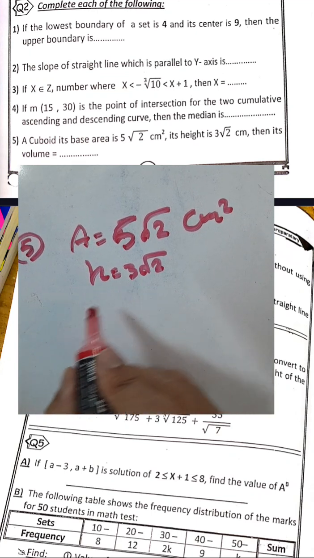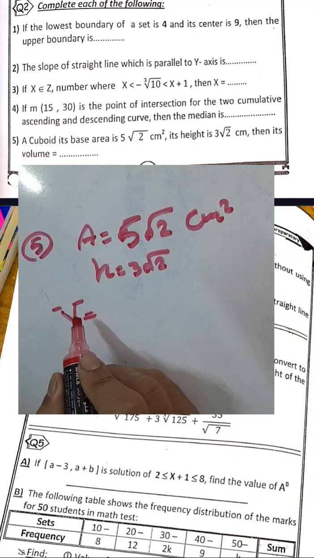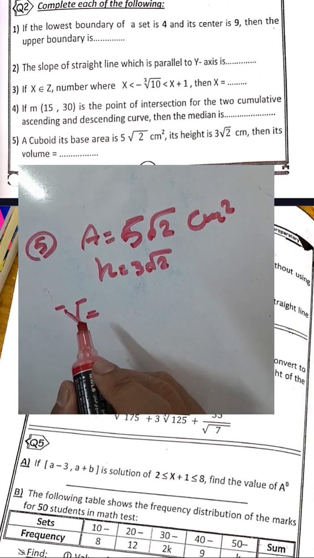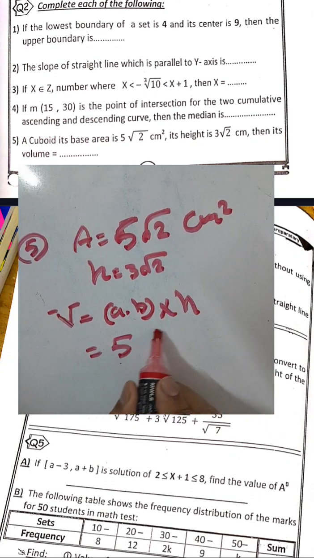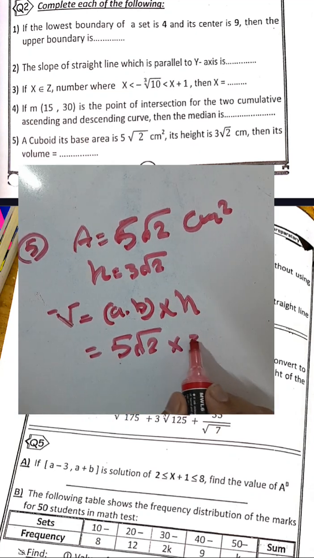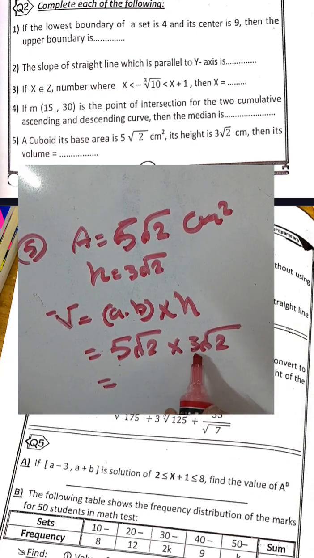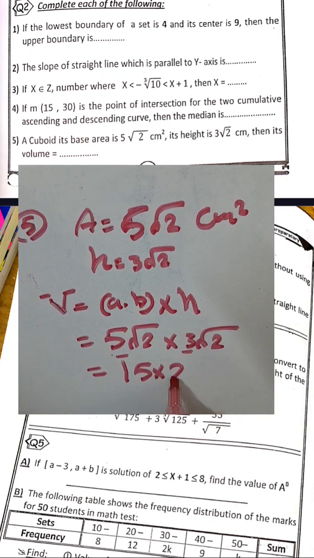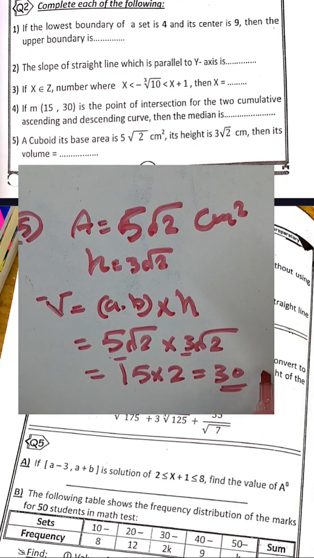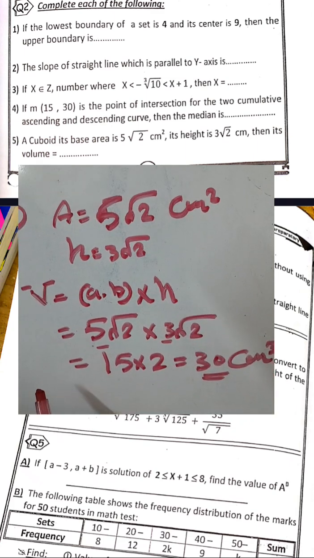Then the volume will be what? The volume of a cuboid equals the area of the base multiplied by the height. It will be 5 root 2 multiplied by the height 3 root 2. 5 times 3 equals 15, and root 2 times root 2 is 2. 2 times 15 equals 30 cubic centimeter.